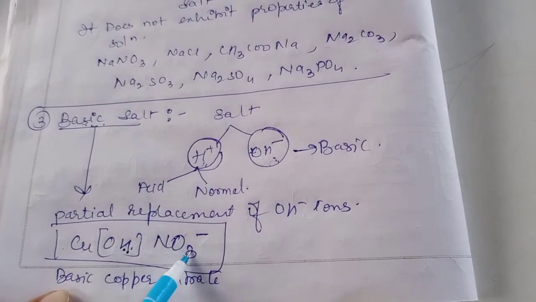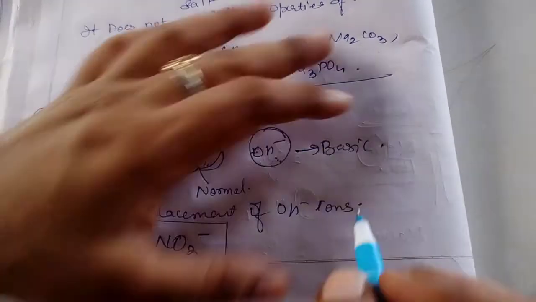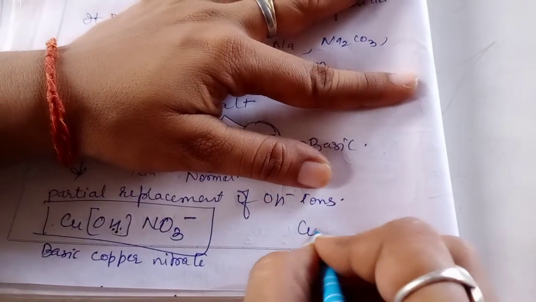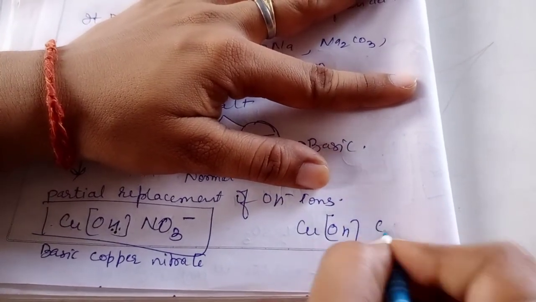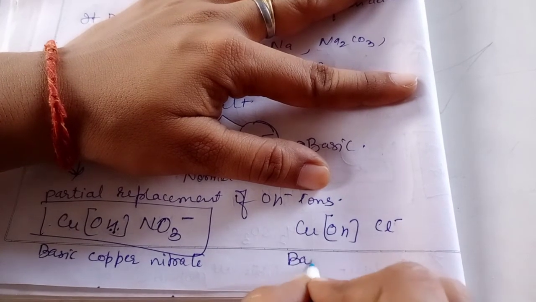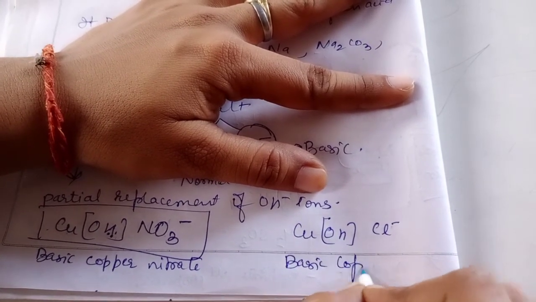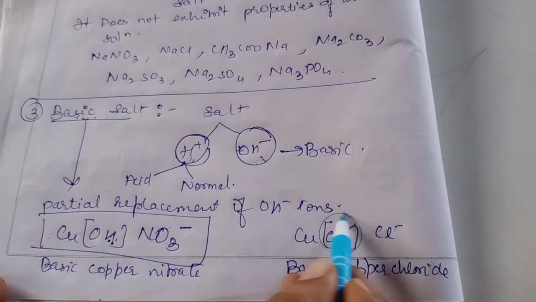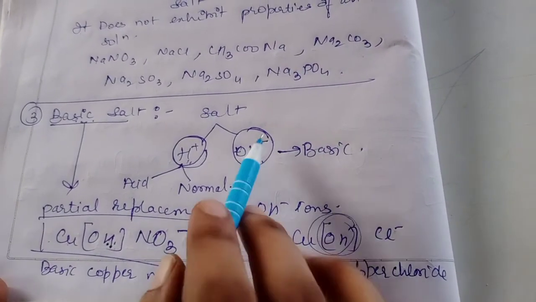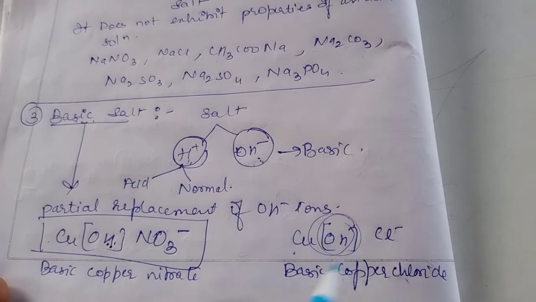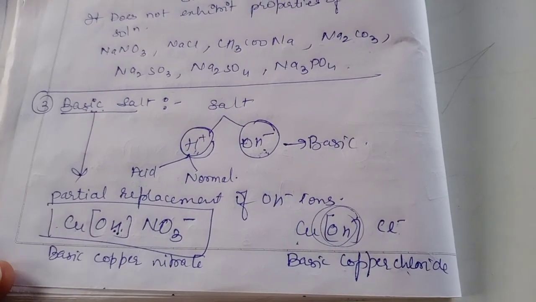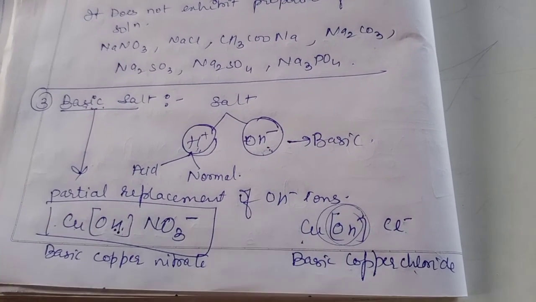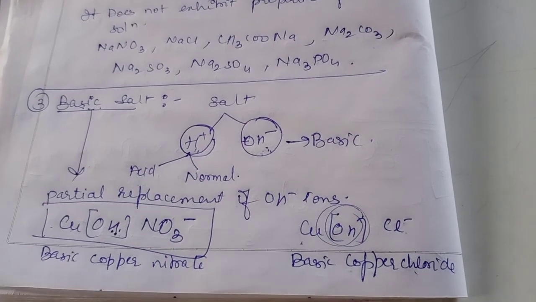Another one is basic copper chloride. Why basic? Because it contains one OH minus ion, hence it is a basic salt. I hope that you have understood. If you have any doubt, then you can ask me. Thank you.